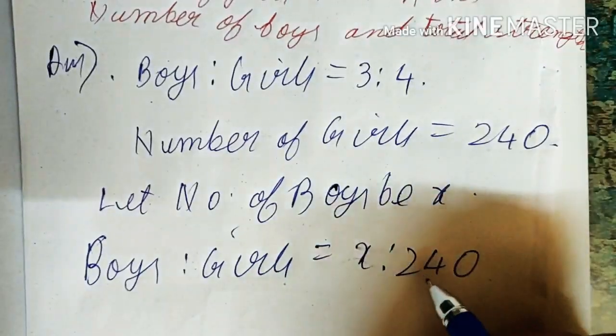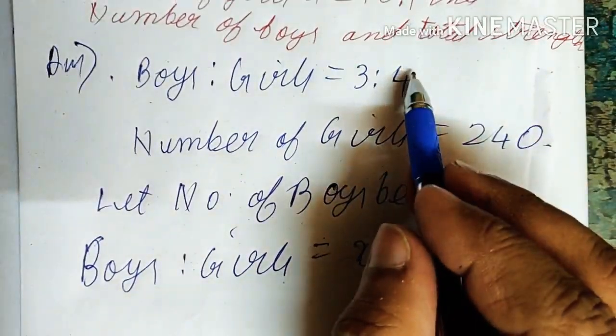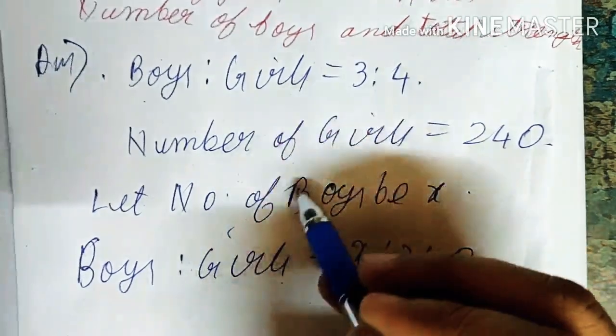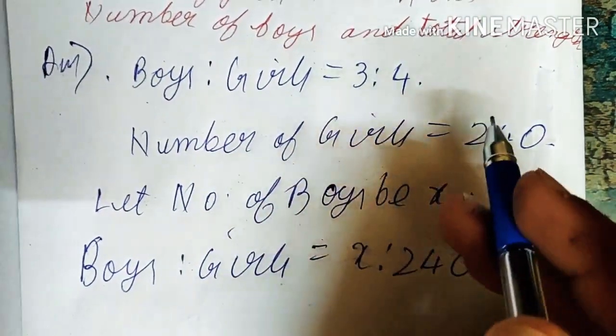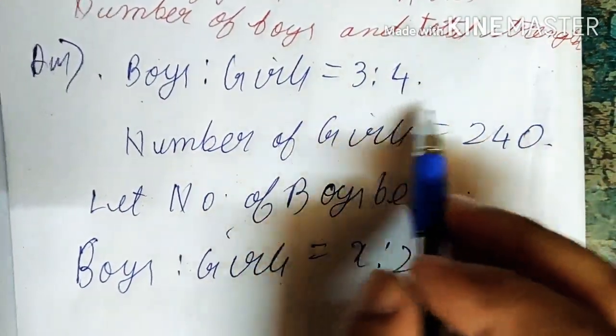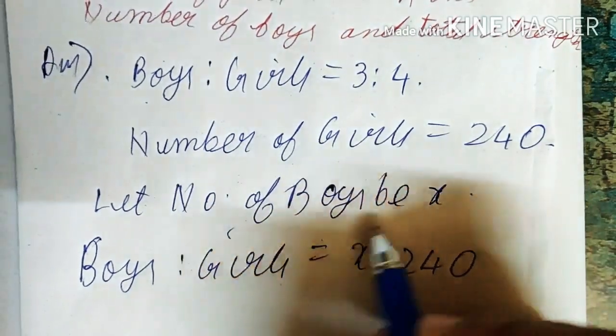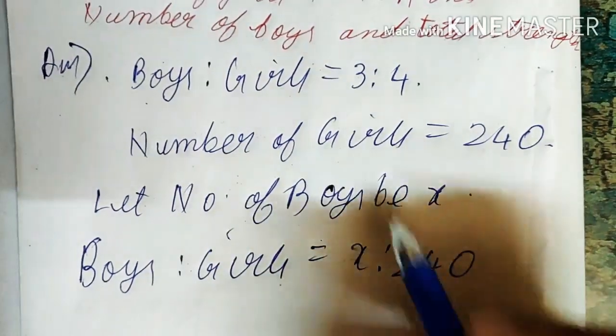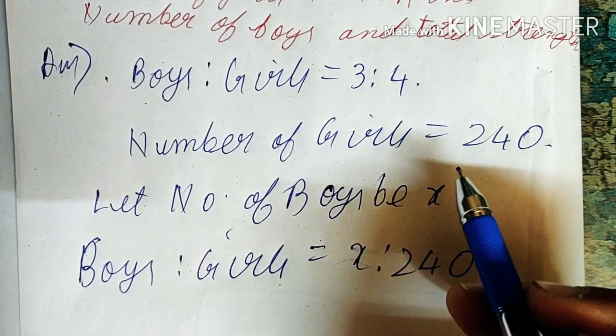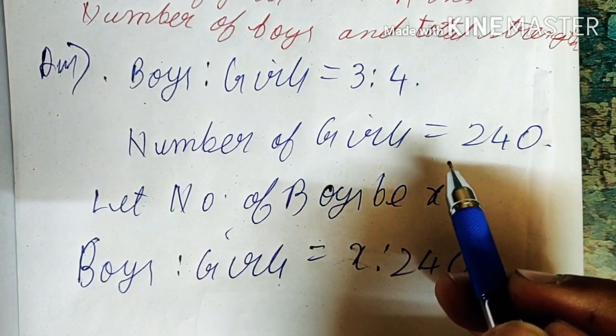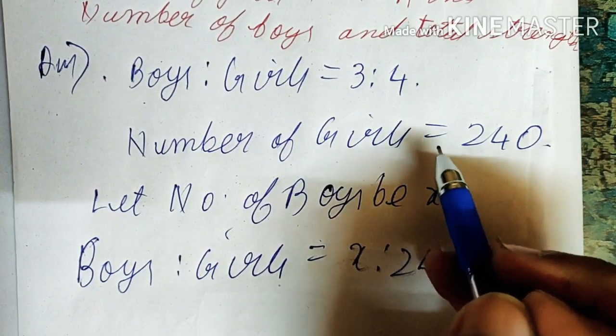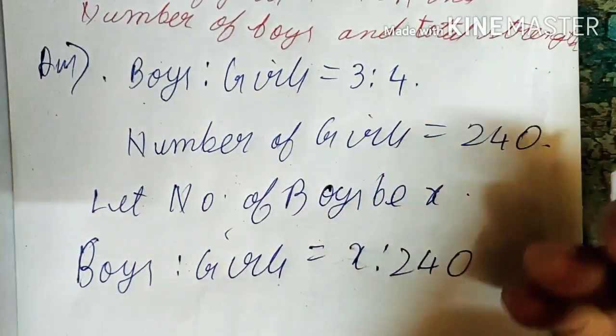When we divide the original values, we will get back the ratio. In the question, the number of boys and girls ratio is 3:4, and here we are finding the ratio with the original values. So both things will be the same. We are comparing the same boys and same girls the other way around.